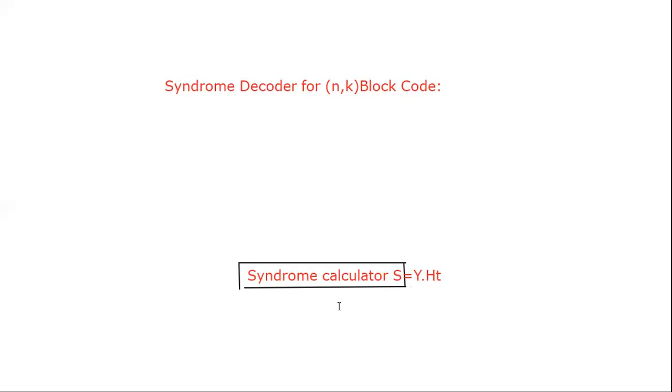But before that, in order to calculate the syndrome, the received code vector is needed. Is it true or not? Here Y is required. The received code vector is required to calculate the syndrome. Syndrome calculator: S is equal to Y into H transpose. By multiplying the received code vector with H transpose, you will get the syndrome. So I want to store the received code vector in a shift register.